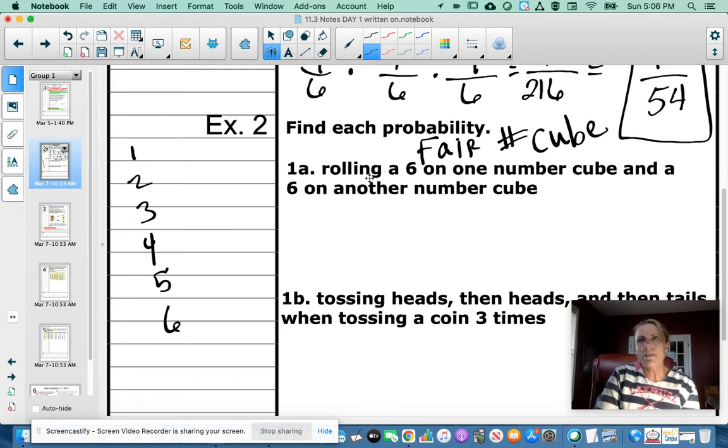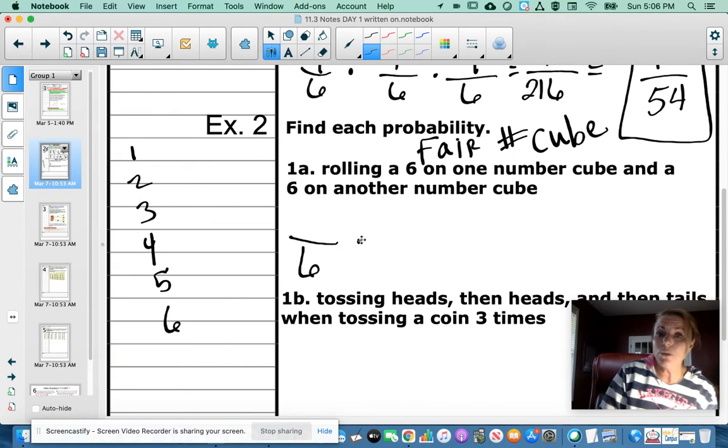So we're going to find the probability of rolling a 6 on one number cube and then a 6 on another number cube. It looks like we have 2 different cubes. We're not rolling them at the same time. We're rolling them separately. There are 6 sides on a cube.